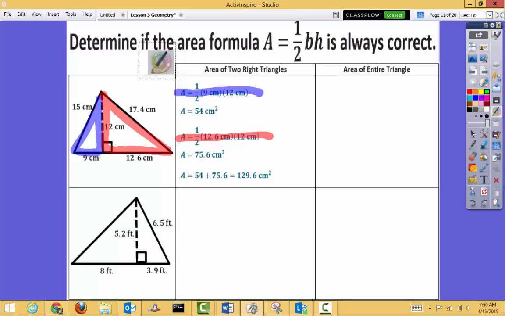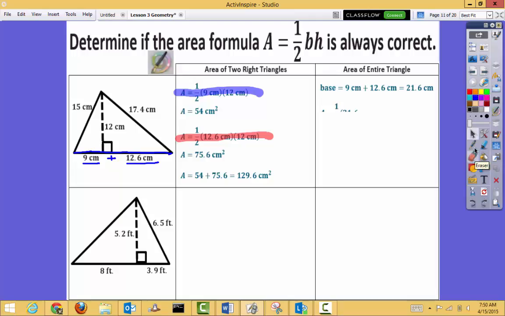Now, what's the area of my whole triangle? So what if I want to find it using just my regular formula, so I want to find the area of one triangle? Well, the length of the whole triangle, I add these 2 together. I get 21.6.